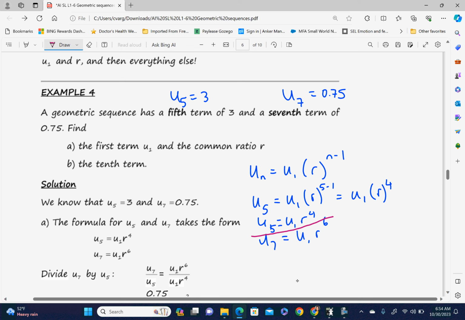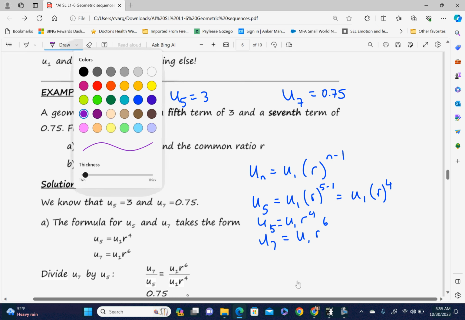Over here, they did the opposite way. I want to do it the same way as they're doing it here. So they put the 6 on top and the 4 on the bottom, but it doesn't really matter. It's the same thing.